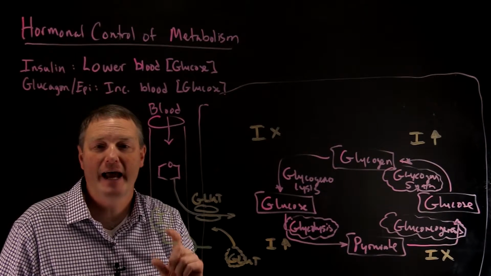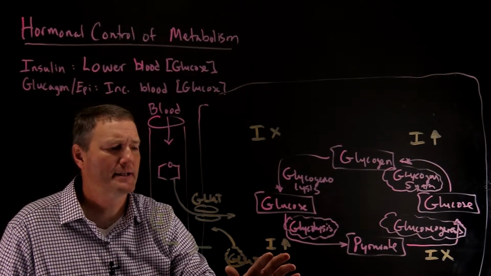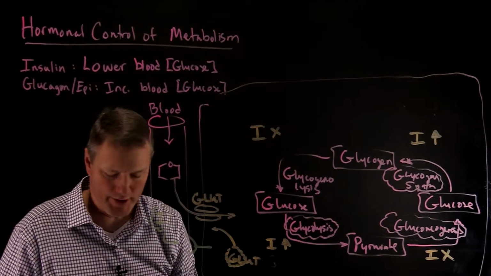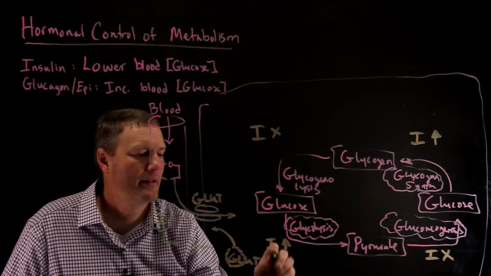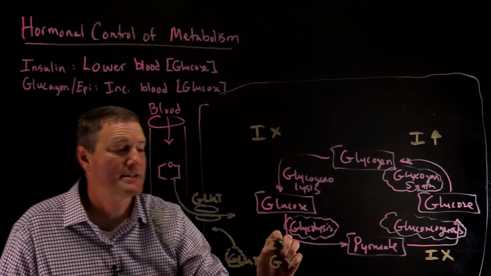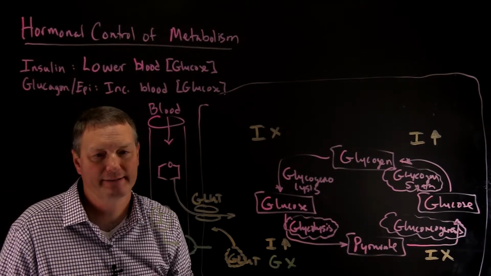They're going to have the exact opposite effects of insulin. So anywhere where we have insulin as an activating pathway, glucagon, which we'll indicate with a G, let's use a different color here. Okay, that's going to have the opposite effect of insulin. So glucagon is going to inhibit glycolysis.